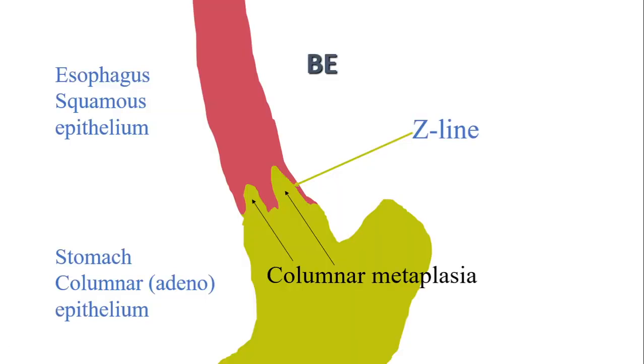This is a pre-malignant condition. The diagram showed the transition: this is the squamous epithelium, and this is the columnar epithelium, metaplastic, and the Z-line will coincide in the upper part of the gastroesophageal junction.